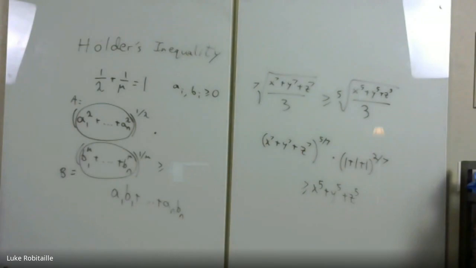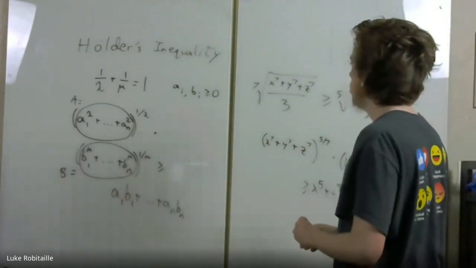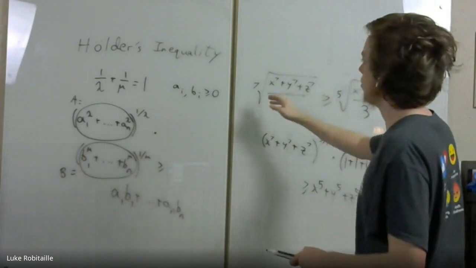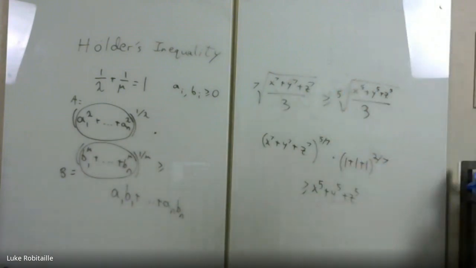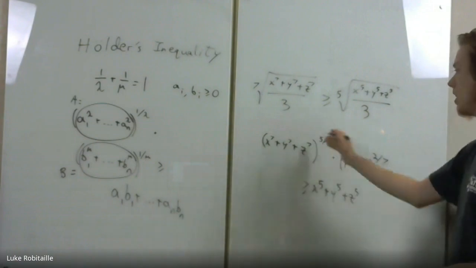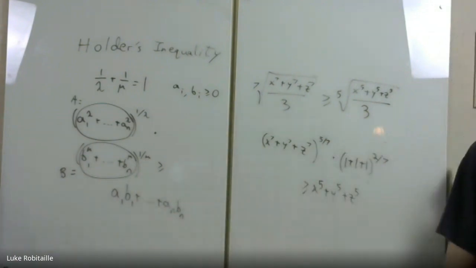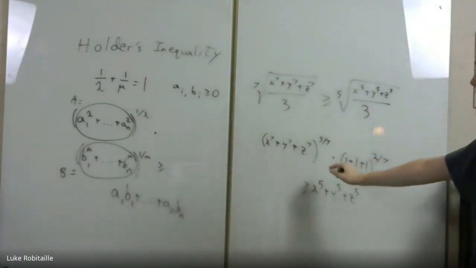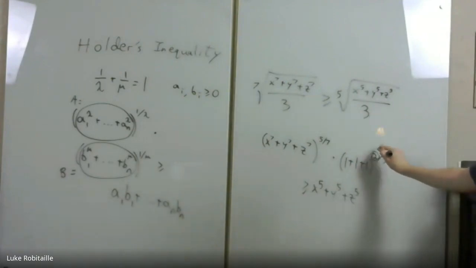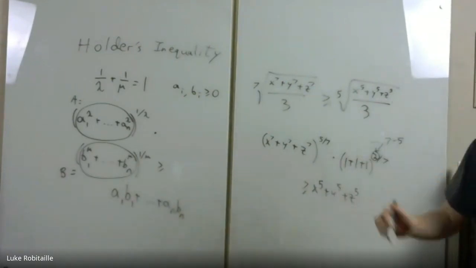For the positive case, you would just replace all the 7s by whatever the larger number is, replace the 5s with the larger, and then the 2 is just whatever 7 minus 5 would be.